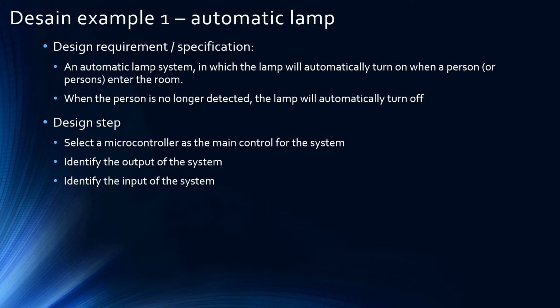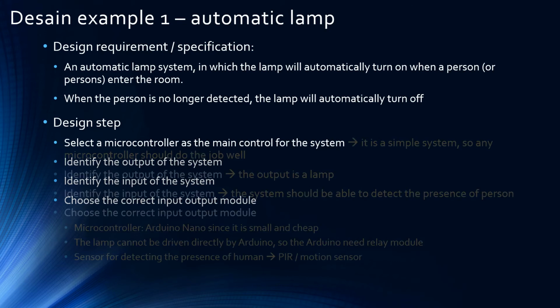And then we need to identify the input. What is the input of the system? When we already have a clear idea about what the output and the input are, then we can choose the correct input and output modules.